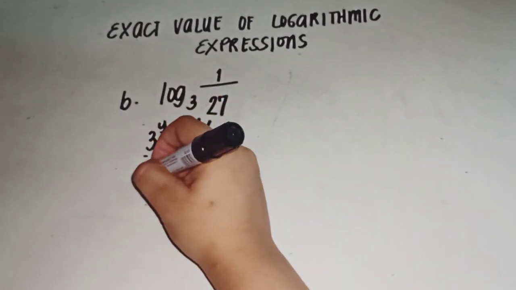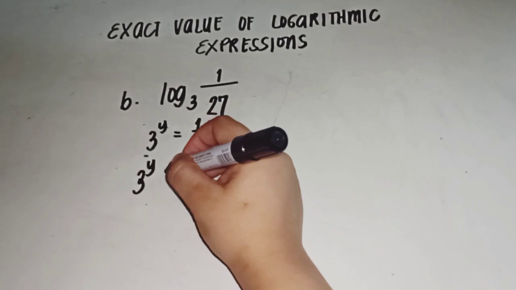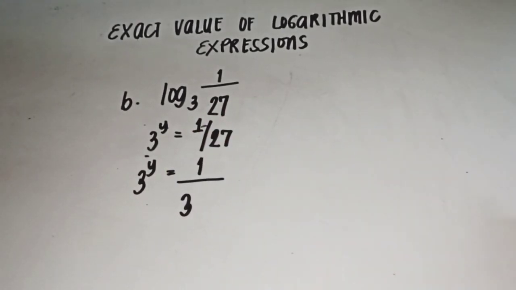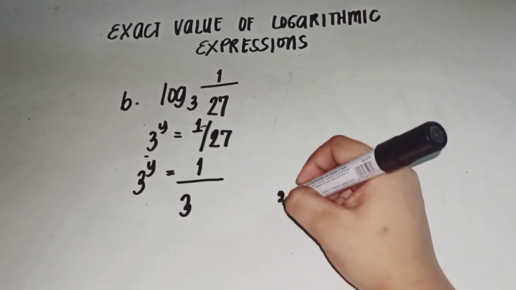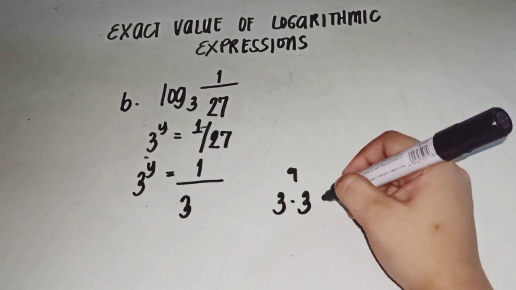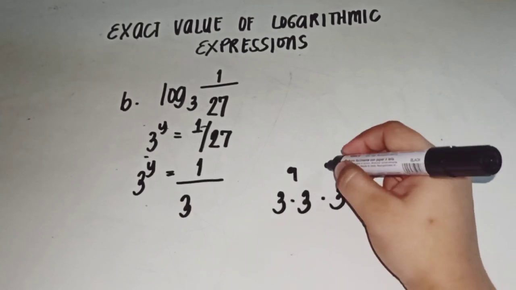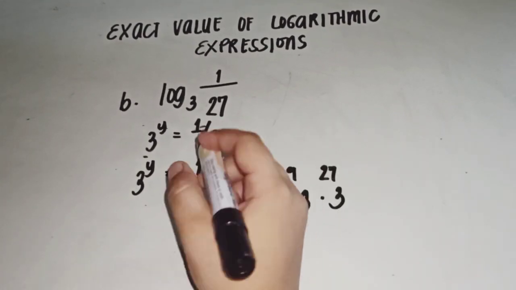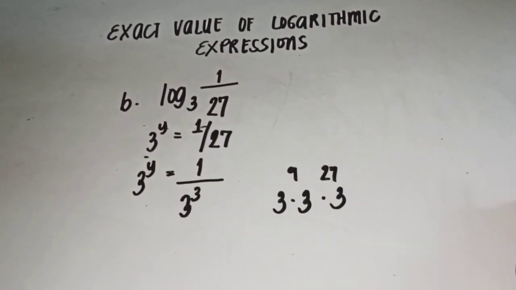So let's try 3 raised to y. Okay, so try 3 times 3 equals 9, times 3 equals 27. So 1, 2, 3 raised to 3 is equal to 27.